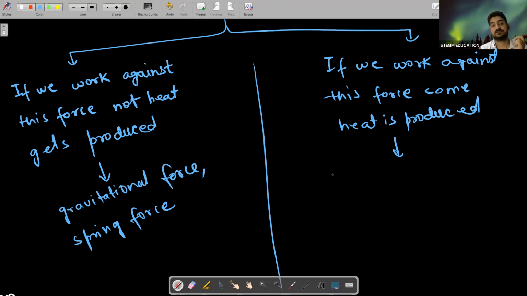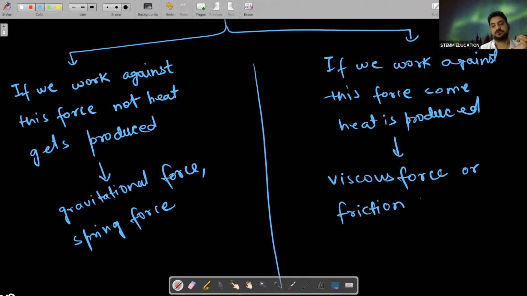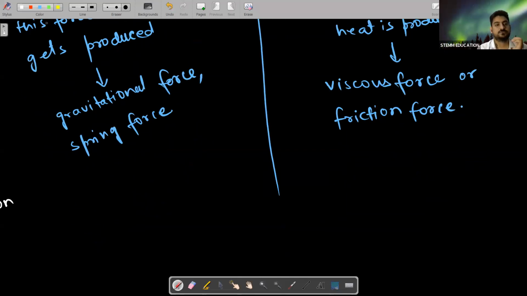And here heat is produced: viscous force or friction force. So for gravitational force and spring force, if we apply force to compress a spring, then we would have to apply some force while trying to compress that spring. But while the spring gets compressed, its energy does not start producing heat.